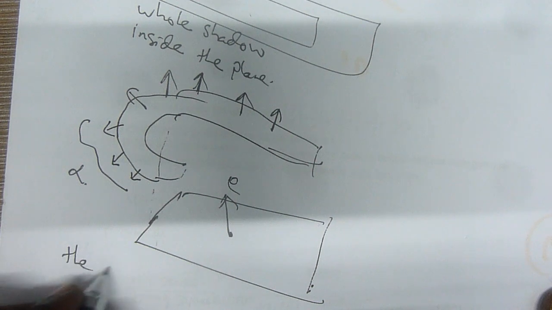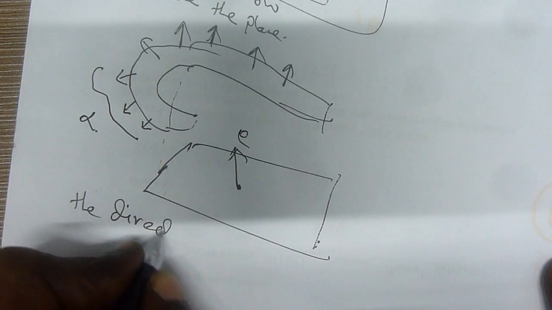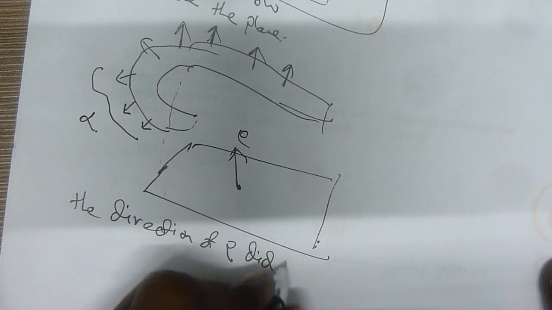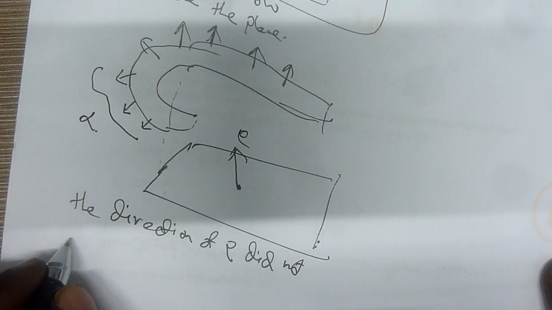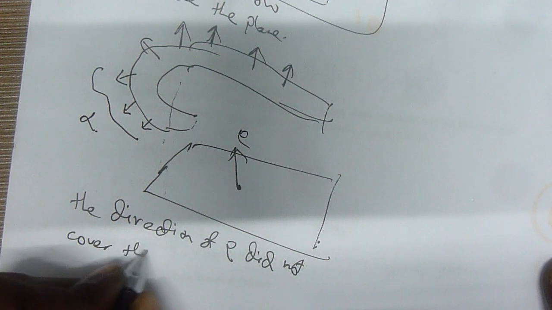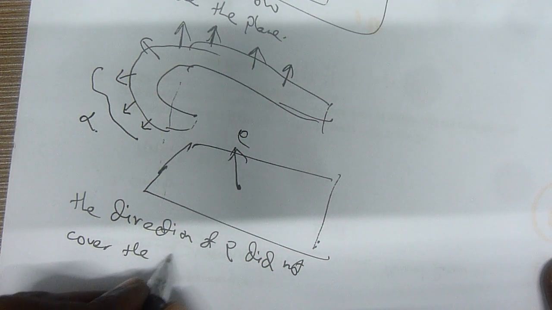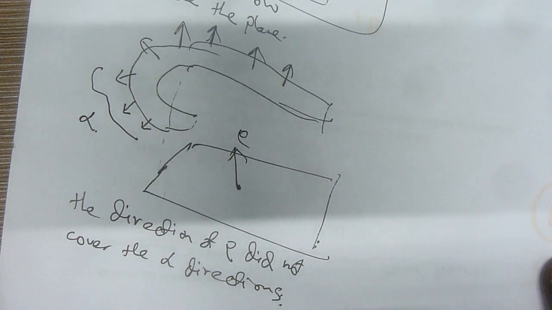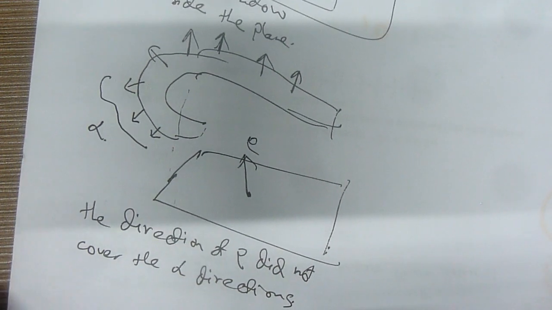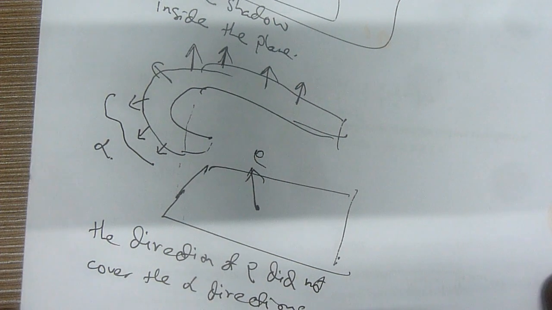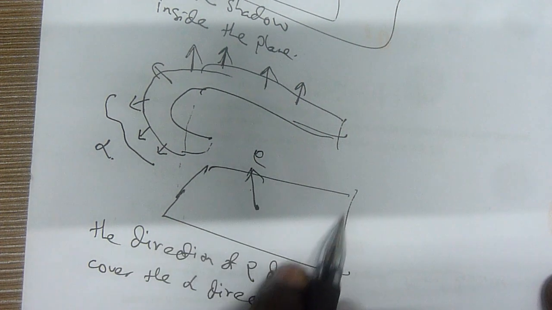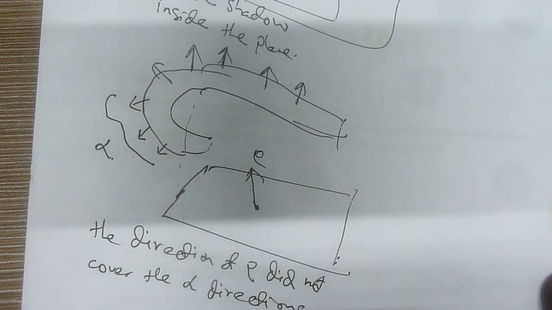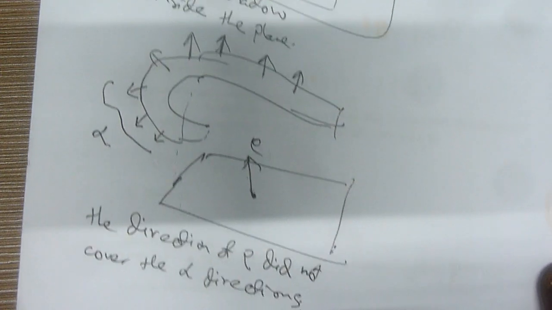See the direction of row did not cover the, maybe I call it the alpha directions. Can you see that? Very important, what I'm trying to say is this. When you look for the smooth area, the row, that surface here, the row can cover, is something you imagine. I don't have a great pen here.